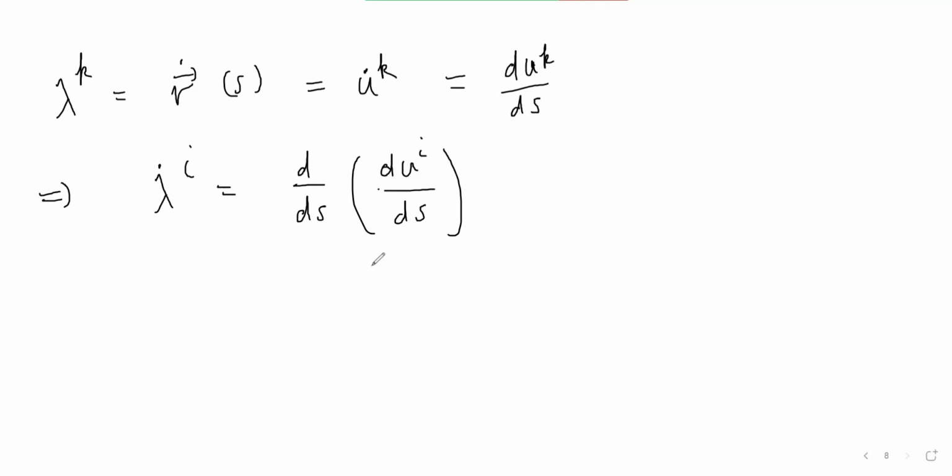So the derivative of lambda I, which is lambda dot I, is equal to the derivative of this derivative of ui with respect to s. That gives you a second order derivative of ui with respect to the arc length.